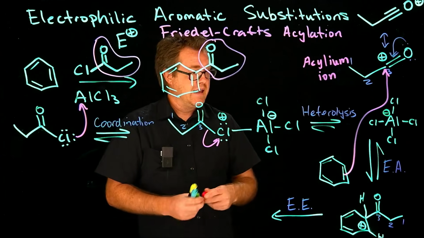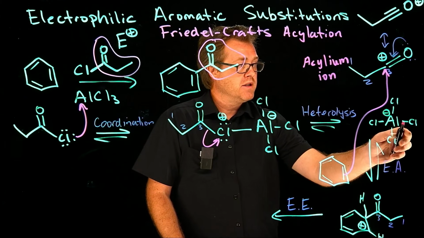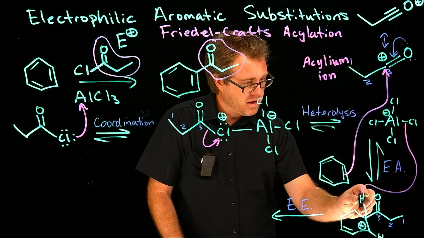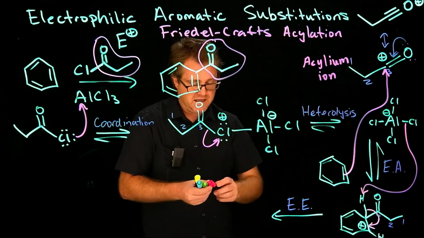We will now take that, use one of the aluminum-chlorine bonds and use the 2 electrons in this bond, come in, abstract that proton to restore aromaticity.